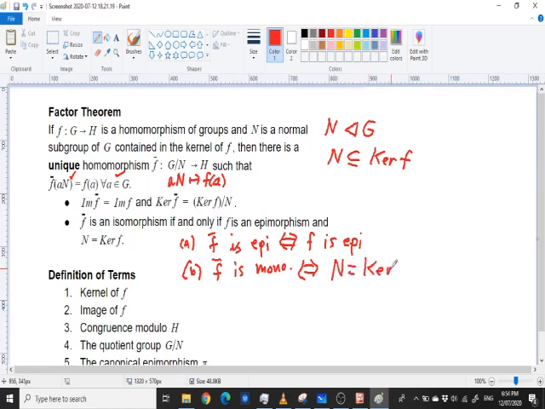So N is contained in the kernel of f, N is a subset. This f bar is one-to-one if N is the whole of the kernel. Anyway.